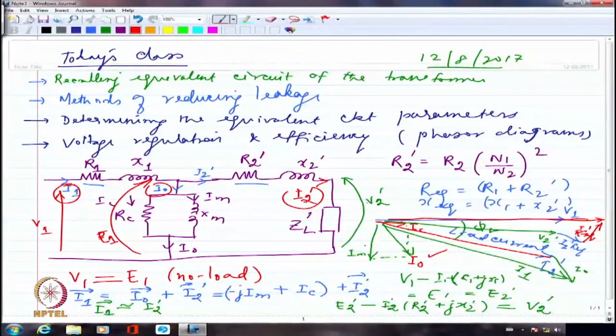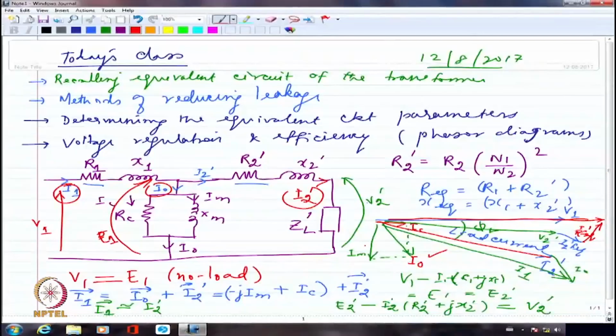So, I should have taken into consideration, when I take the drop through R2 and X2 dash, only I2 dash. Whereas, when I take the drop in R1 and X1, I should have taken I1, which will include the no load current as well. But the no load current is only less than 5% of the full load current.